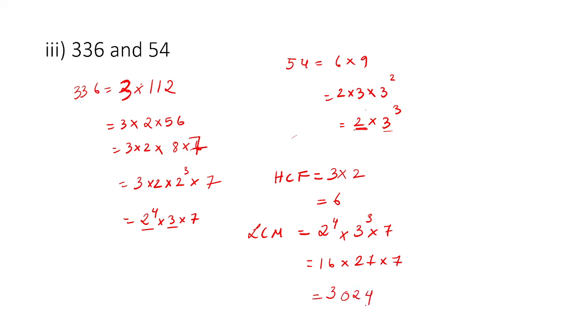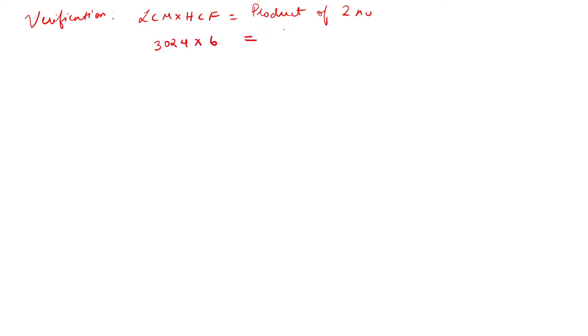Okay, so let us finally move on with the verification. We have to consider LCM into HCF and the product of the two numbers. The LCM we got as 3024, HCF we got as 6. The product that we are currently discussing is 336 into 54.